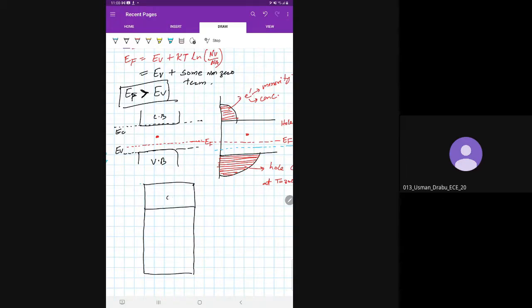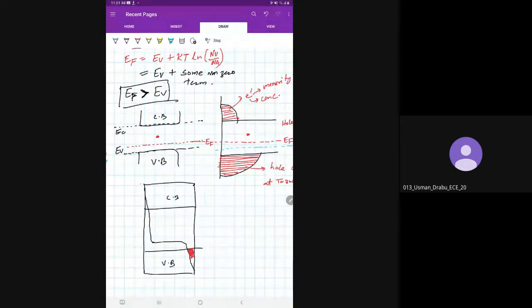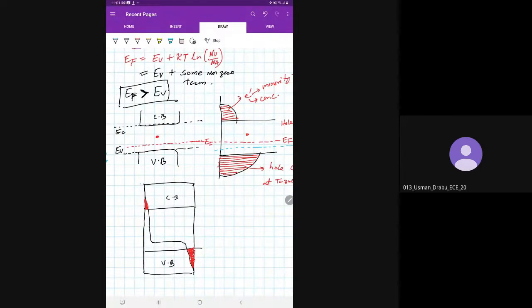Suppose this is our conduction band, this is our valence band. We can see that the concentration of holes is much higher in the valence band and the concentration of electrons is much lower in the conduction band. And this is the acceptor energy level or your Fermi energy level. This is the center of the band diagram.